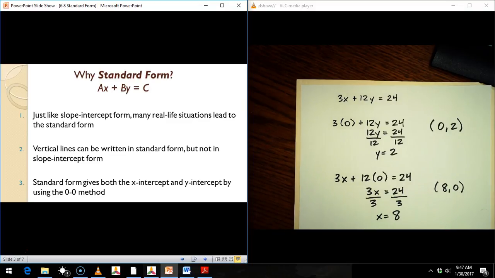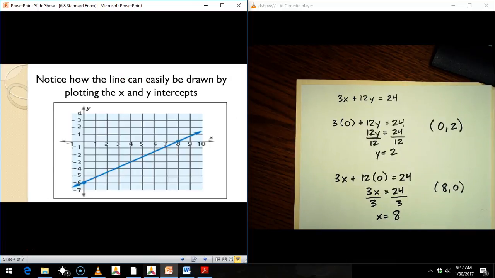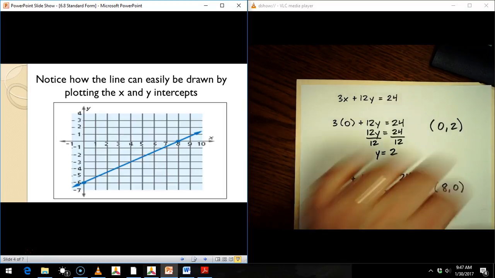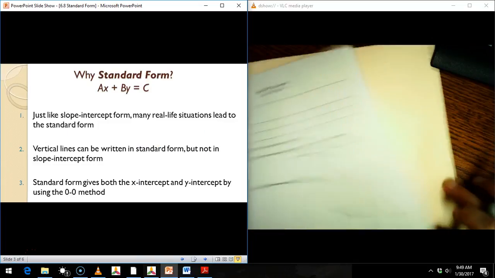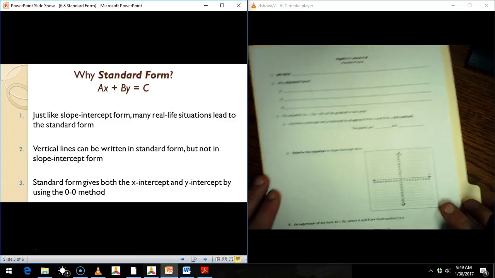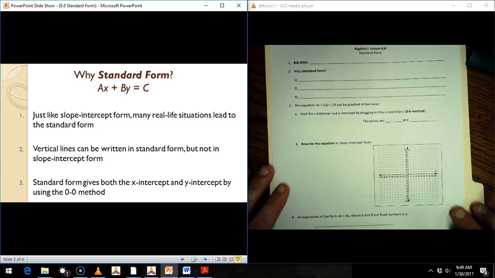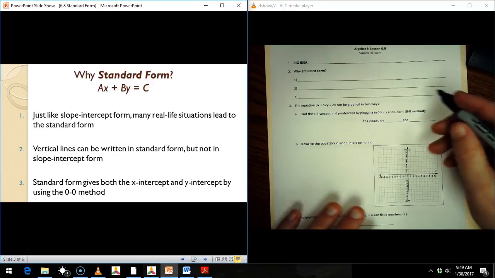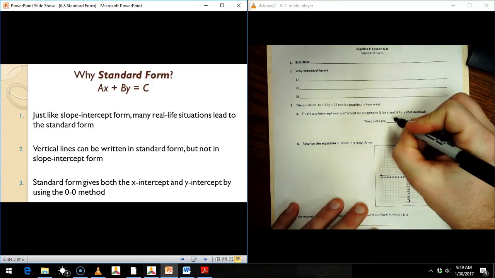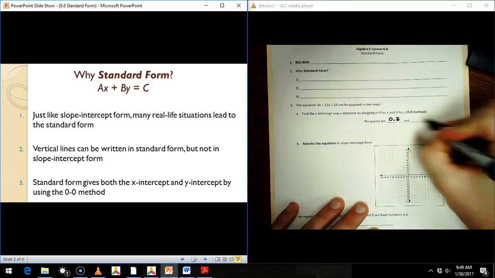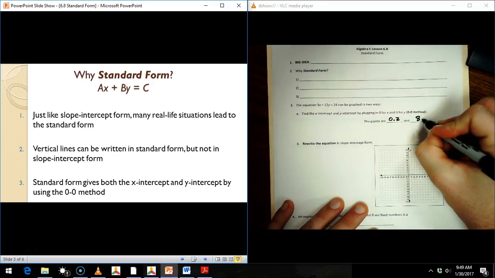And then if I graph that, so when I actually graphed that, I had the wrong graph on there, but the right graph comes from using my two intercepts, which we said are 0, 2, and 8, 0.